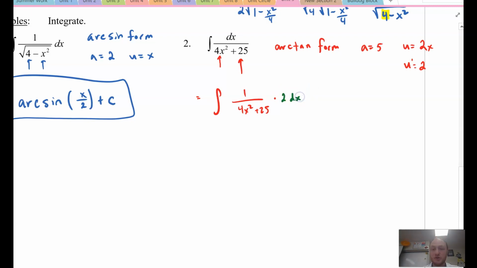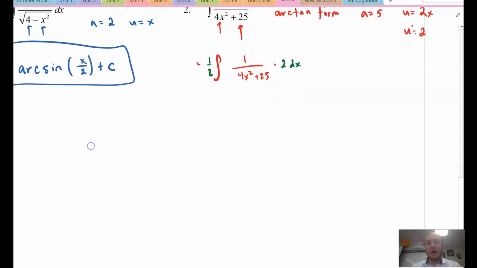Now, since I introduced a 2, what do we have to do? We have to balance it. So we'll go ahead and balance it, and now I can go ahead and integrate. So this is equal to 1/2, right, times, okay, now I have arctan of u over a.